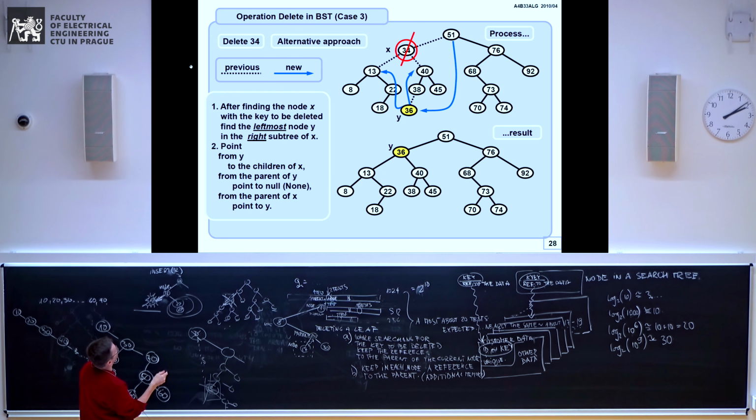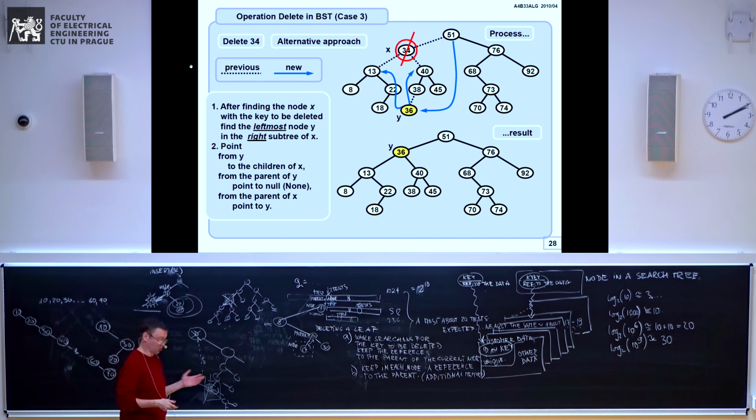And from the parent of X, which is 51, point to Y, point to 36 now. So at this moment, when those dotted line connections disappear and the new blue ones are introduced, the whole node Y simply assumes the role of the node with 34 as before.